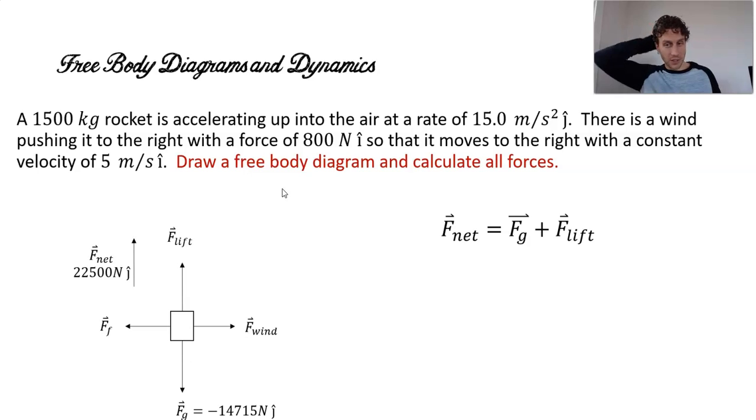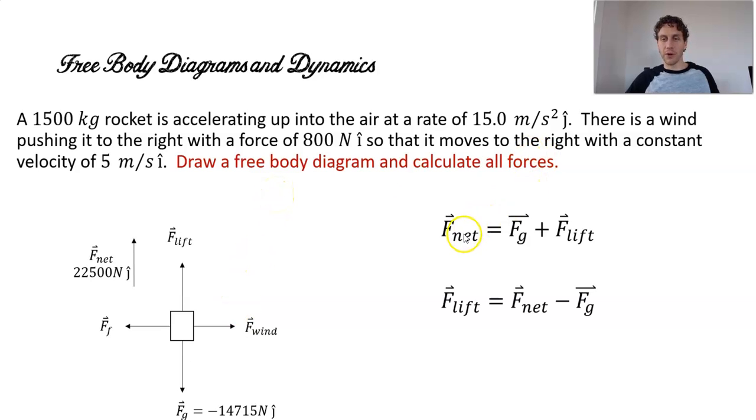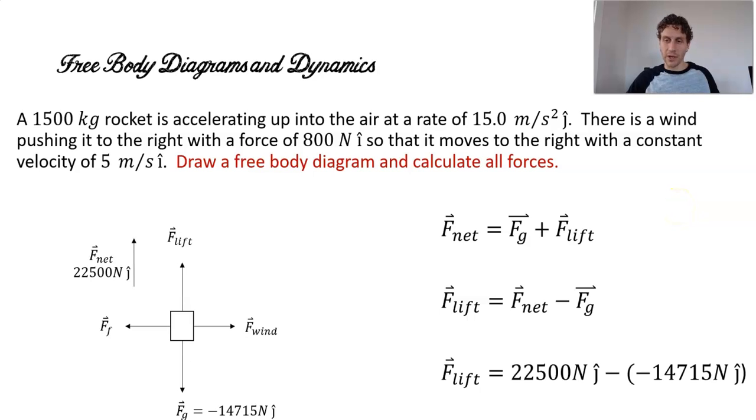So here's the formula that I was reminding you of. The net force is equal to the sum of these two forces. And so if we rearrange this for the lift force, and we can do that by subtracting the force of gravity from both sides, then the lift force is going to equal 22,500 minus the force of gravity.